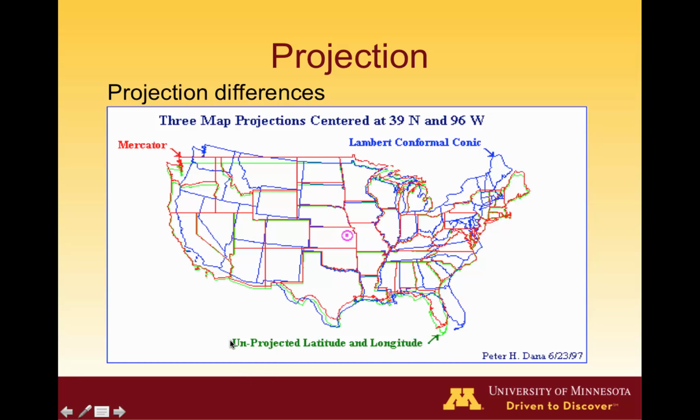And the green is unprojected latitude and longitude, which is the real continental line on the 3D globe.